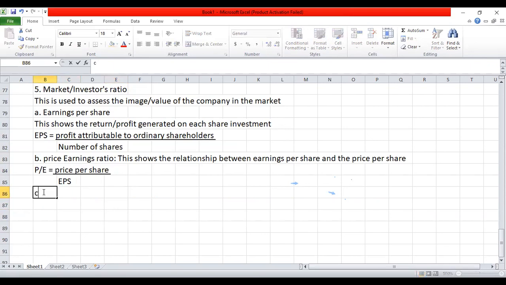Another one is the dividend per share. It shows the distribution on each share.